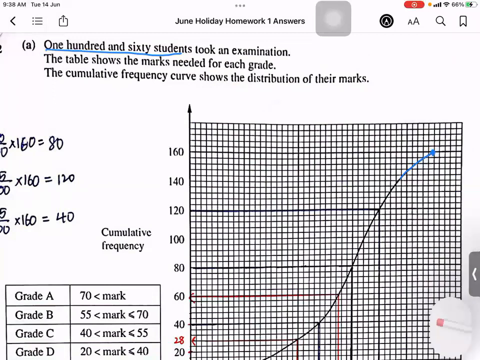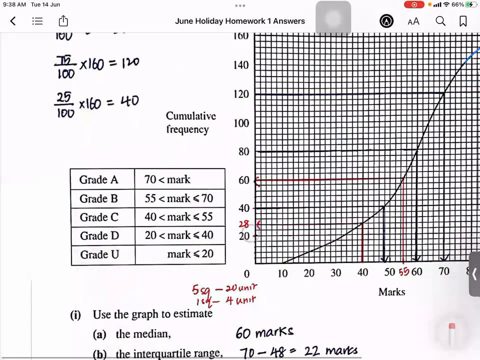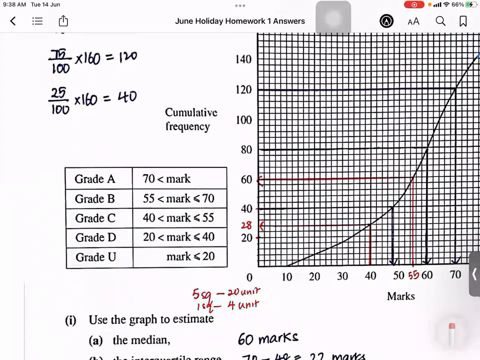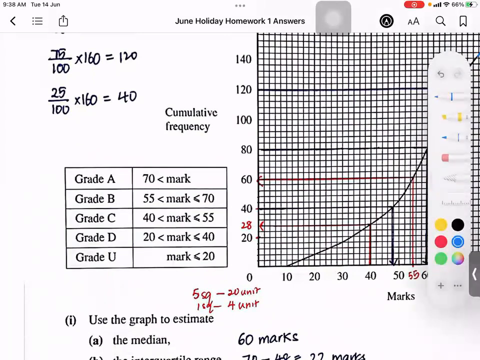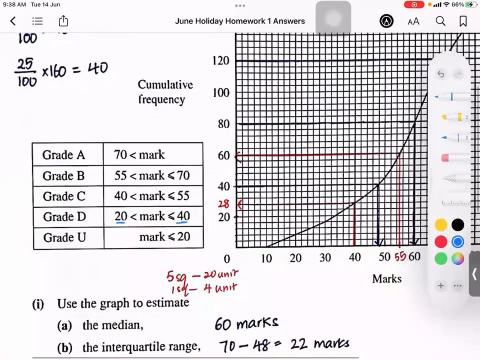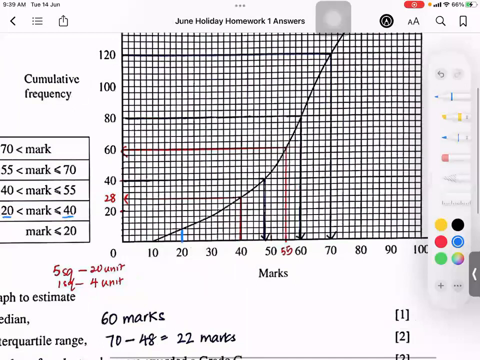Okay, and what is this table? This table tells you the grade. It means between different grades, there is a different marking. For example, grade D is between 20 to 40. What do you mean by 20 to 40? This axis is on marks.